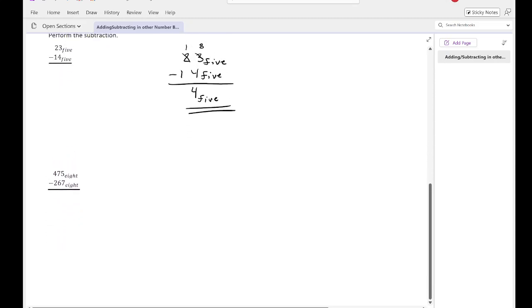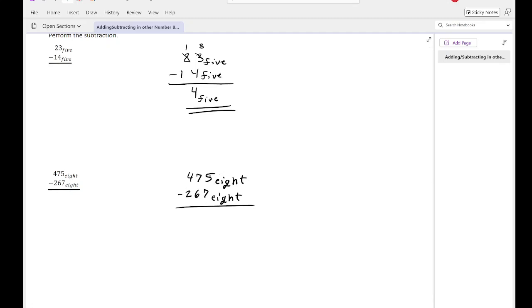Now let's look at this one here. 475 base 8 minus 267 base 8. So again, 5 minus 7 doesn't work because the top number is too small, so we're going to borrow 1 from 7. 7 is going to become a 6, and we're going to add 8 to 5, which will make it a 13.